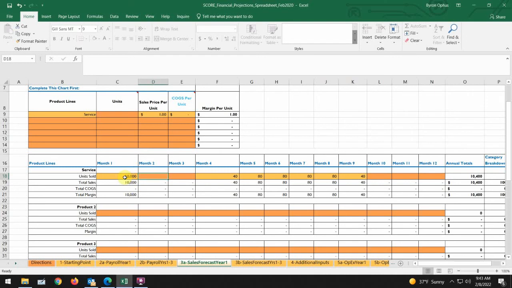Or if I were a convenience store, say, that had 1,000 different items, there's just no way I'm going to be able to put it in here. So I could say snacks, units, I don't know, right? Sales price, I'll just leave that at $1, but my average cost of snacks and whatnot's 50 cents. I can put that in there.